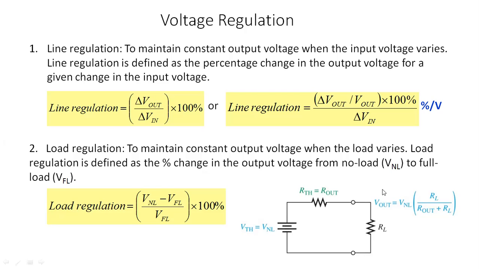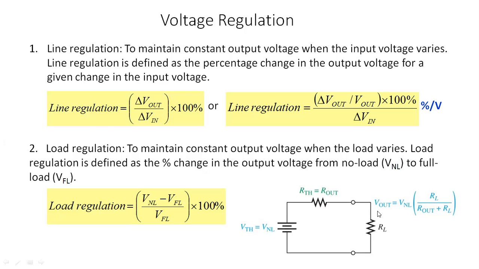If you see here, this is the Thevenin circuit. Here, the value of Thevenin voltage is the voltage without load, because at that time we are not considering any amount of load. So here RTH equals R out, and we will get the maximum power according to the maximum power theorem.